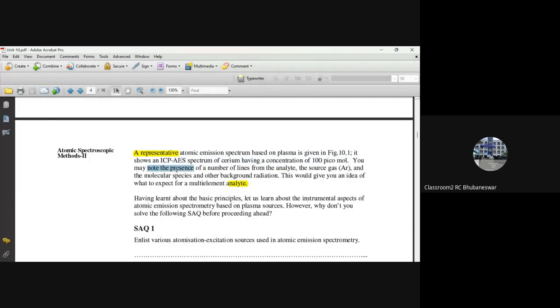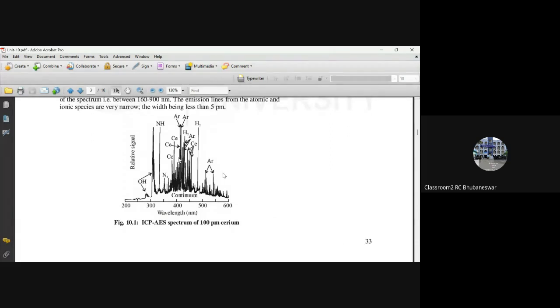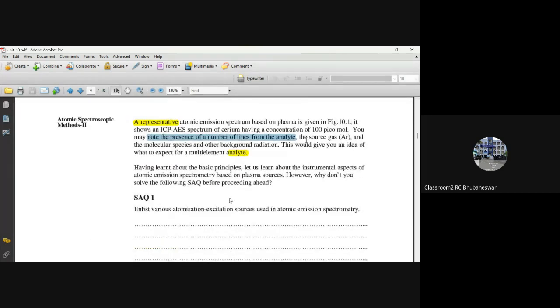You may note the presence of a number of lines from the analyte. Including cerium, you are getting many continuum lines, as the source gas is argon and the molecular species and other background radiation also will interfere over there.